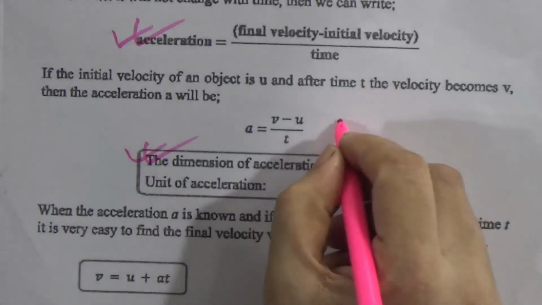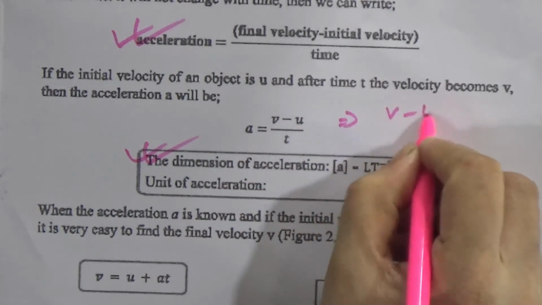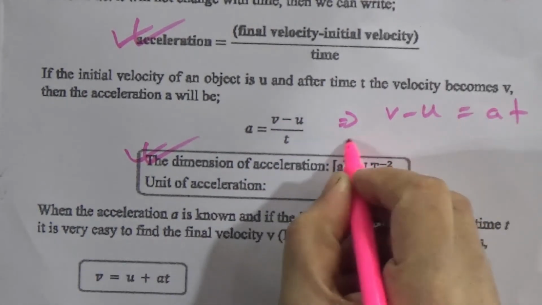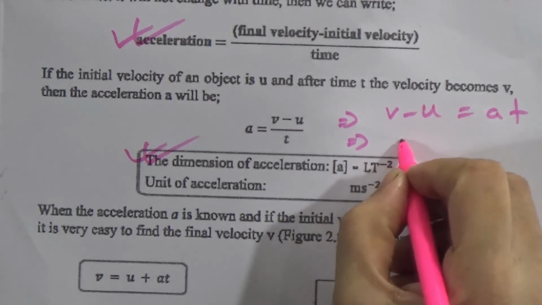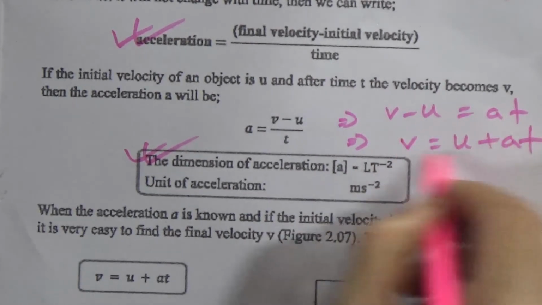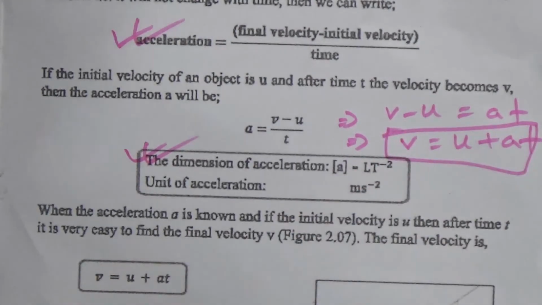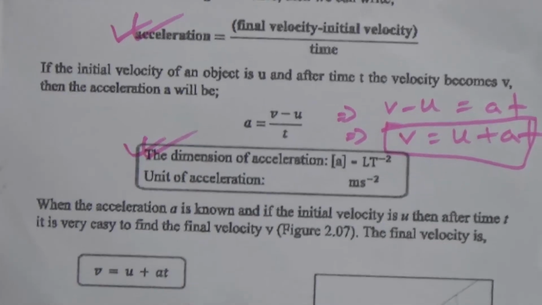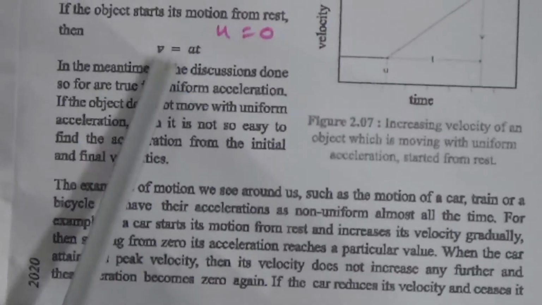From here we can write v minus u equals at, or v = u + at. This is the equation of motion. And when the object starts its motion from rest, then we can consider u equals 0, and v = at.